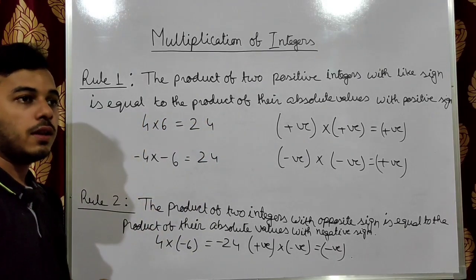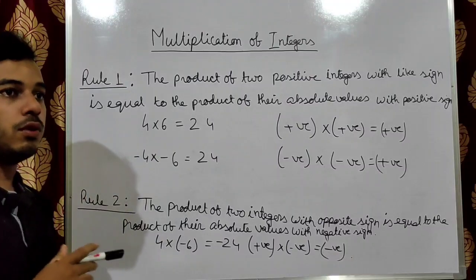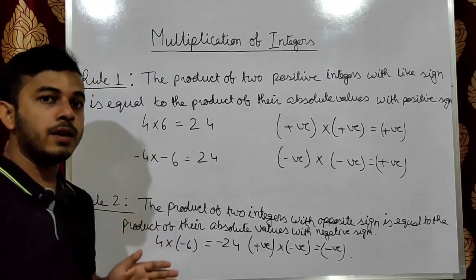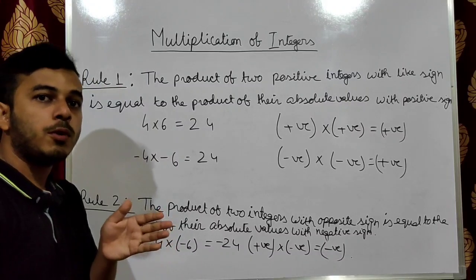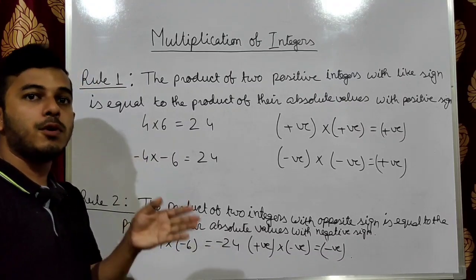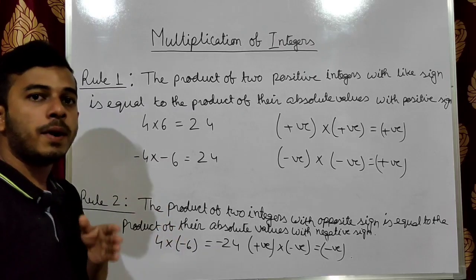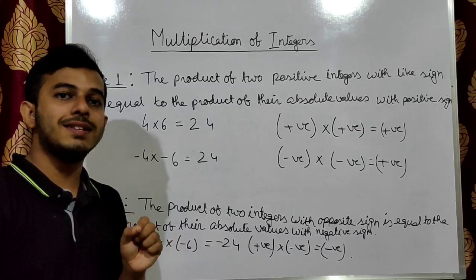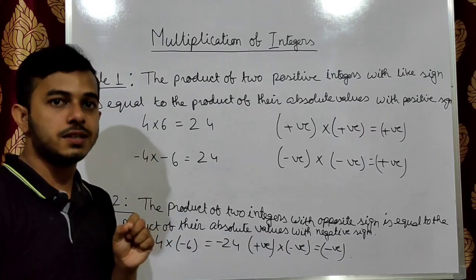For example, minus 4 into minus 4. Now we will forget about the negative sign, we will just find the product of their absolute values. The absolute value of minus 4 is 4. So we find the result of 4 into 4, that is 16, isn't it?